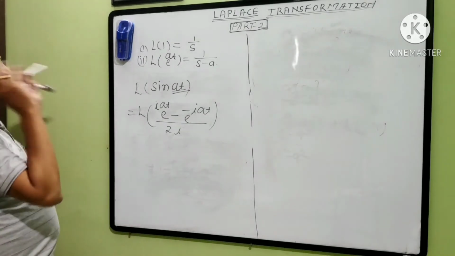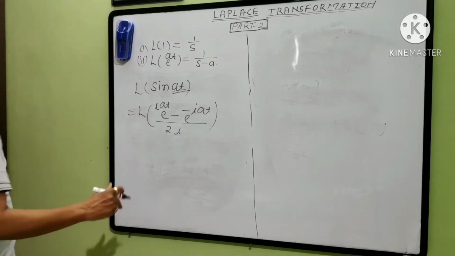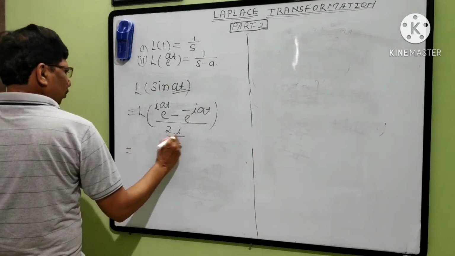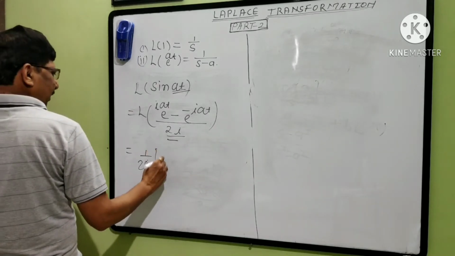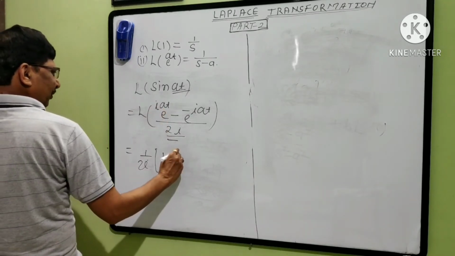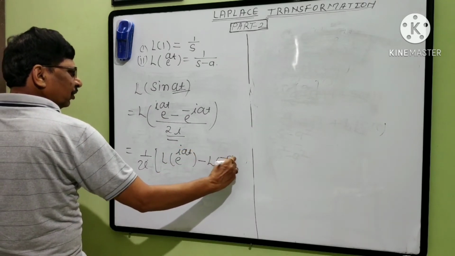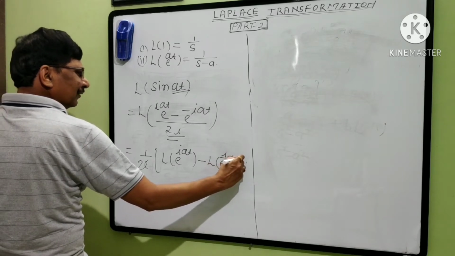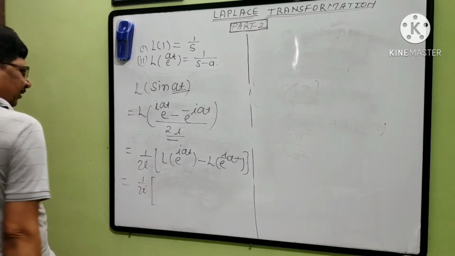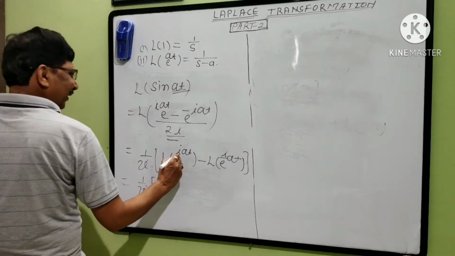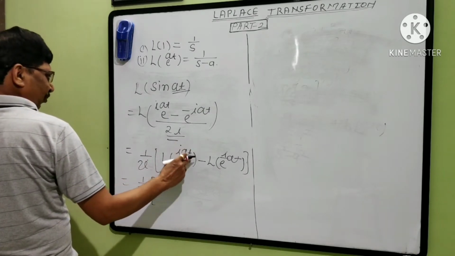Any doubt? That is the definition of the circular function. i is there in circular. Now 1 by 2i is a constant. i is imaginary, that is the square root of minus 1, you know. Now the Laplace transformation of e raised to iat minus the Laplace transformation of e raised to minus iat. Therefore 1 by 2i is outside, and again, the Laplace transformation of e raised to at is 1 upon s minus a.